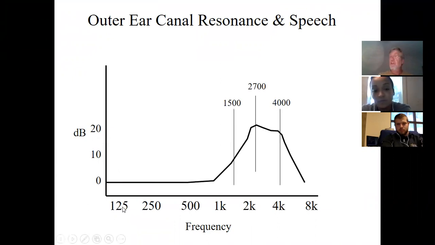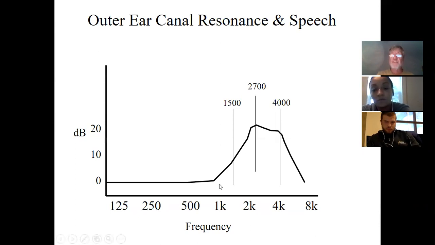125 hertz. If I had 50 decibels of sound at 125 hertz, and I was able to measure what's taking place at the eardrum, I'd have 50 decibels. If I had 50 decibels of 250 hertz, I'd measure in my ear 50 decibels of 250. If I had 500 hertz at 50 decibels from a speaker here, I'd measure in my ear 500 hertz at 50.